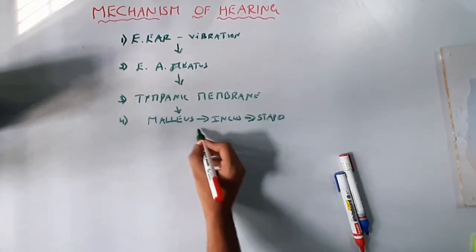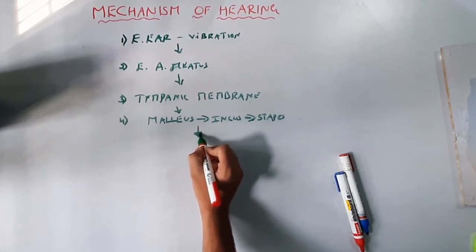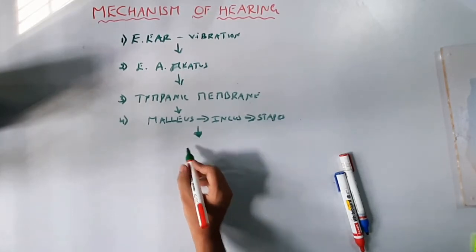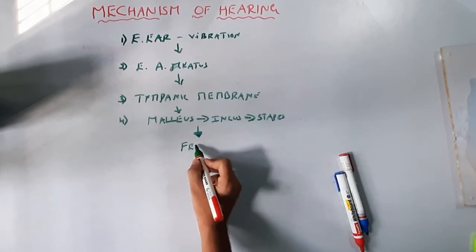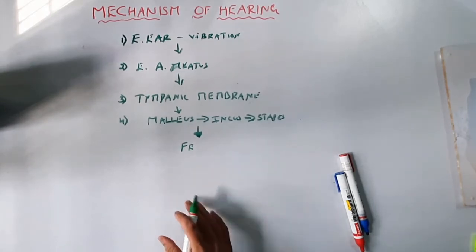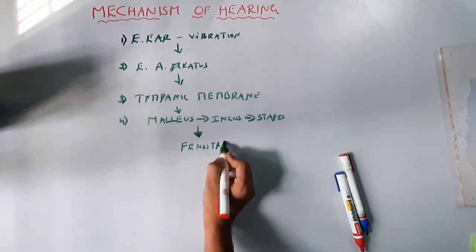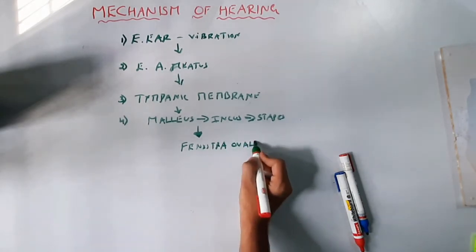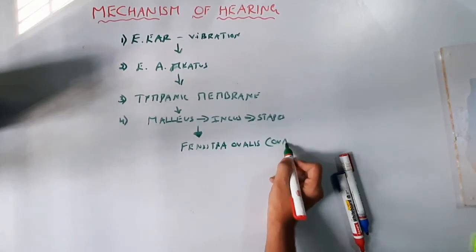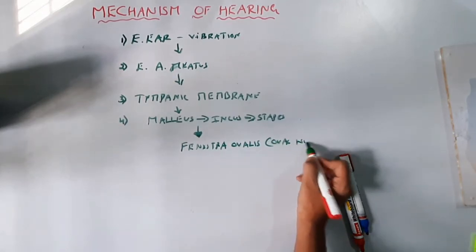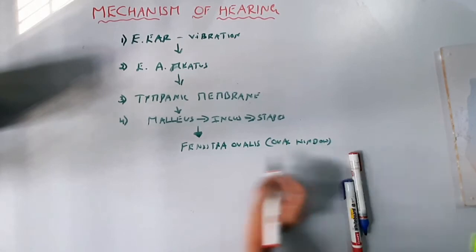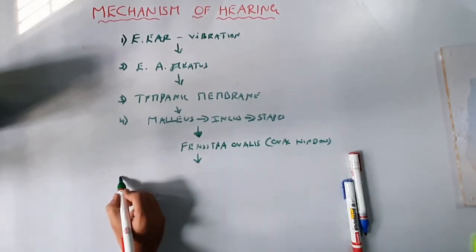Now the stapes transfers that vibration to the wall present between the internal ear and the middle ear, called the fenestra ovalis, which contains a small hole called the oval window. So through the oval window the vibration passes; that is the 5th step.